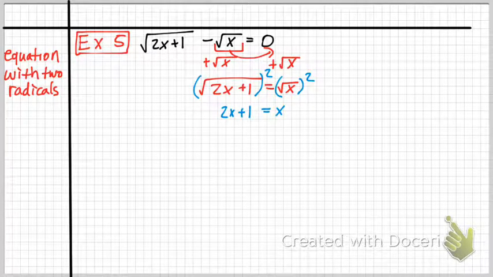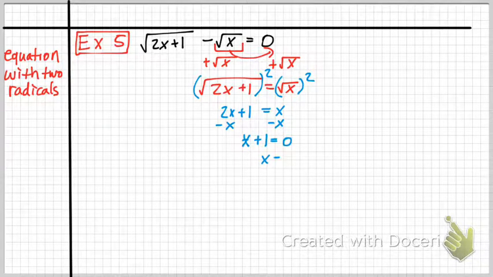And from here, you guys actually are pretty good at finding these types of solutions. So I want to subtract x from both sides. So I get x plus 1 is equal to 0, and we get that x is equal to 1. Alright, excellent.